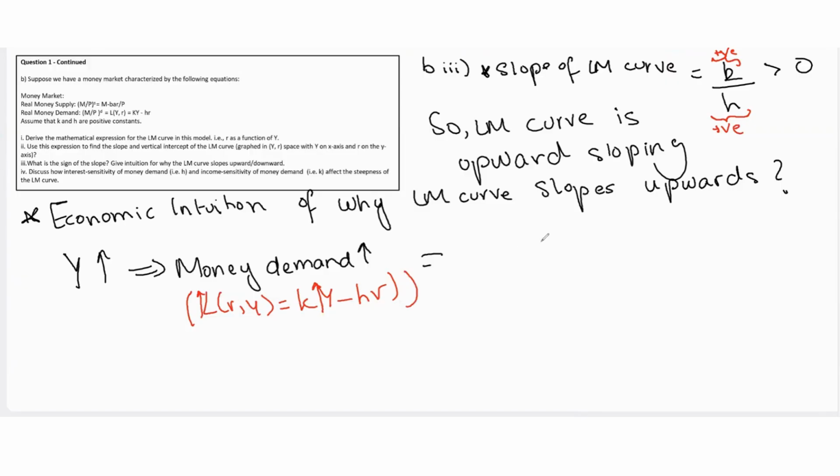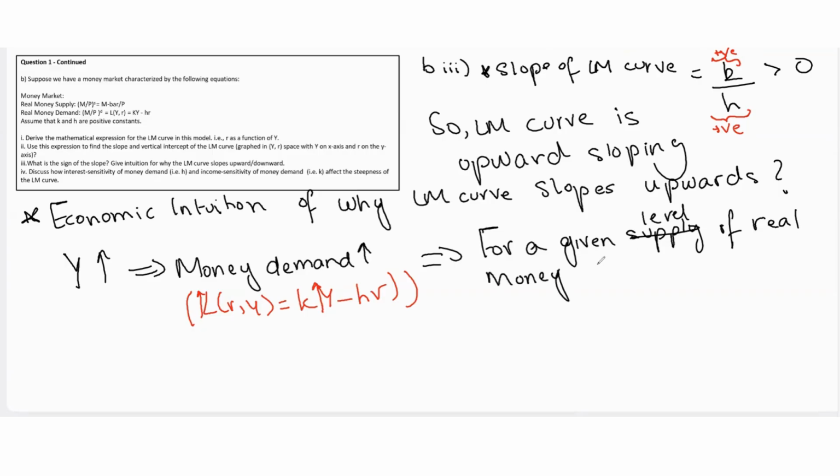Right? So now for a given level of money supply, for a given level of real money supply, R has to increase to restore money market or financial market equilibrium.